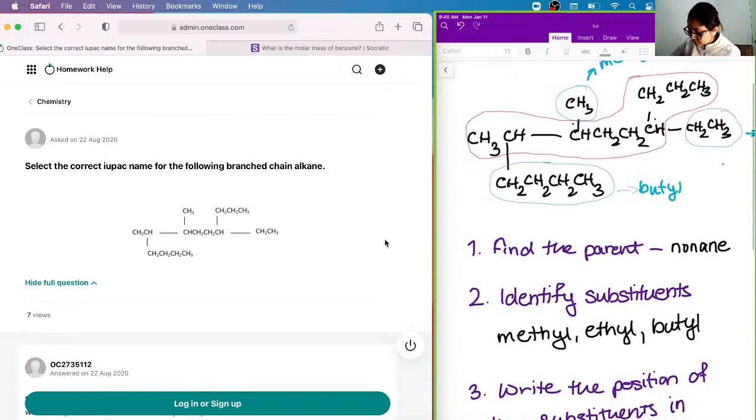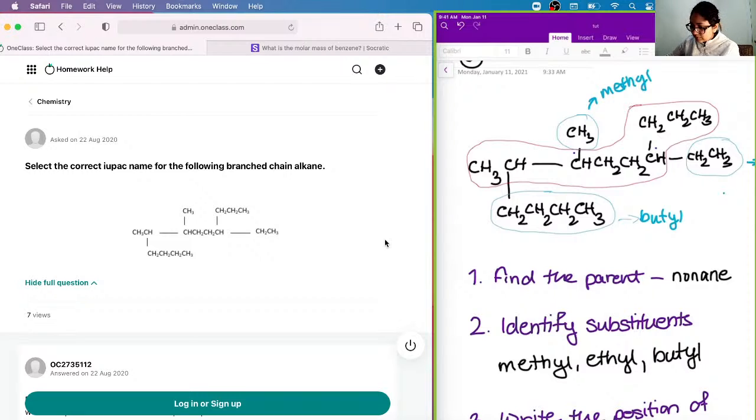attached to. So one way to see which carbon it is attached to is to start off with counting our carbons this way. So this is 1, 2, 3, 4, 5, 6, 7, 8, 9.